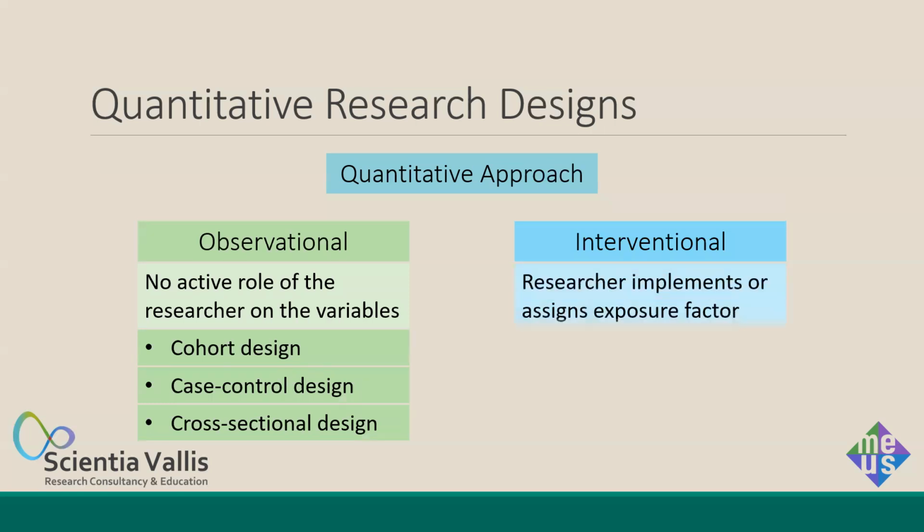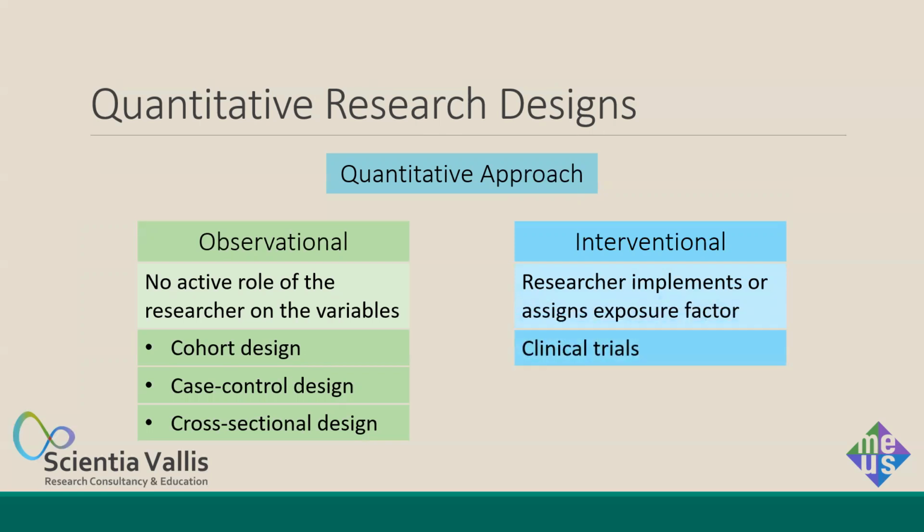On the other hand, interventional studies, also called experimental designs, imply an active role by the researcher in implementing and/or assigning an exposure factor, the intervention, in order to have control over an outcome. The main types of studies that fall under this design are the clinical trials.